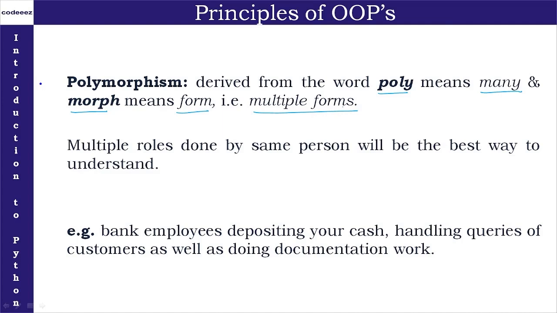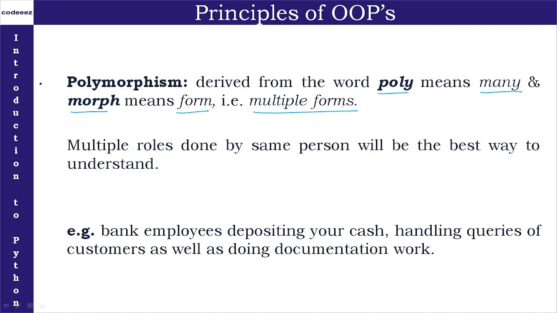Of course, it is the responsibility of the bank employee. He will take the cash from you and deposit it in your account. At the very next moment, you ask the same employee for information about your loan account. Again, that same employee will give you the result of the query that you have just made, right?